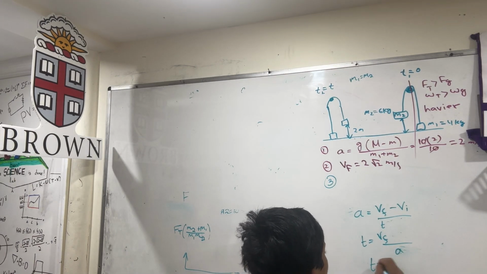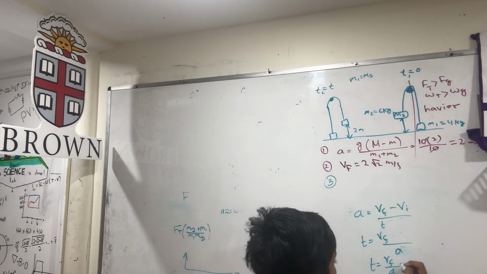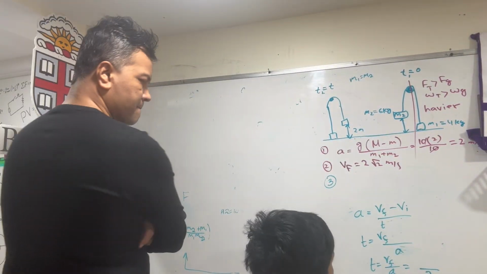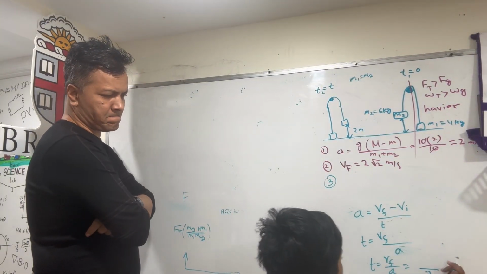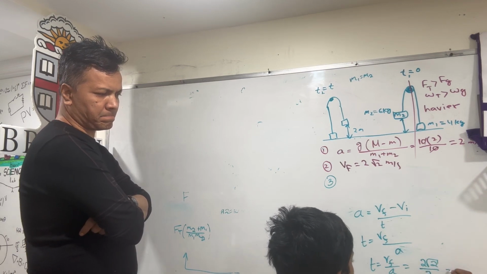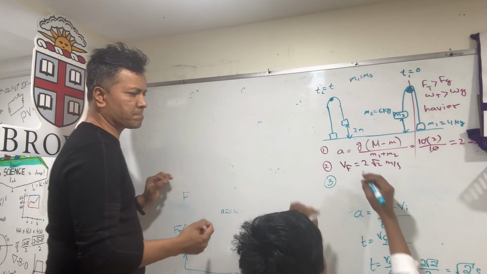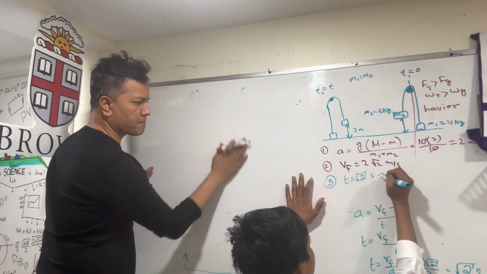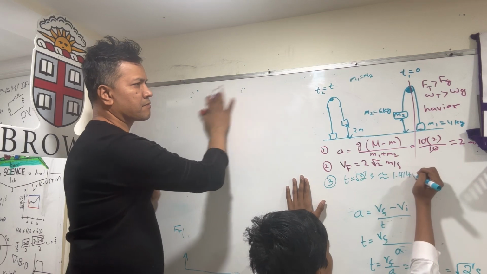So we can reduce it all the way down to this. And even more so, we already know that the acceleration of both objects has a magnitude of 2, and the final velocity of both objects has a magnitude of 2 root 2. Which means that the time has to be the square root of 2 seconds, which is approximately 1.414 seconds.